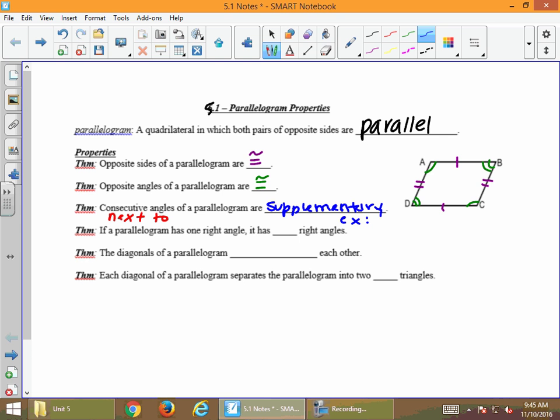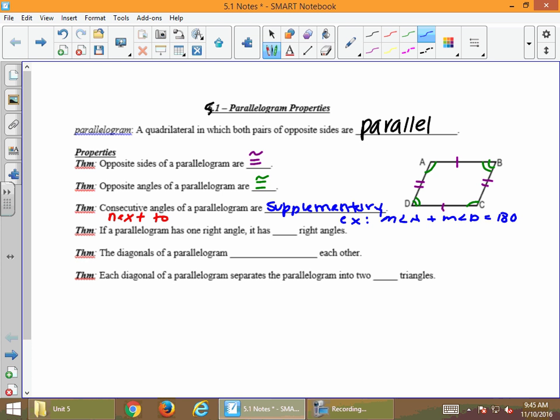They follow the same line. They add to 180. A and B would add to 180, with another set that would add to 180. So two angles that are next to each other. B and C would add to 180. What's another set? D and C would add to 180. Think if they're on the same line, they add to 180 on that same side.